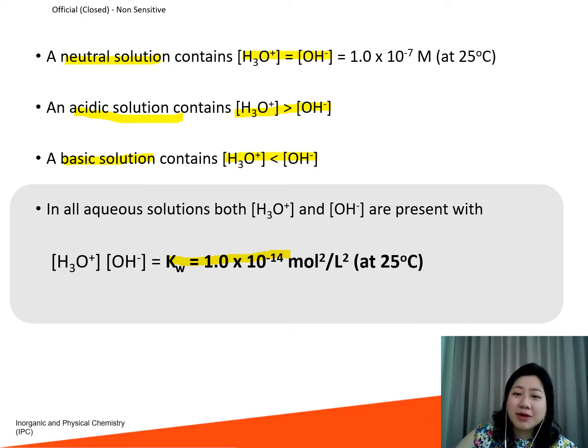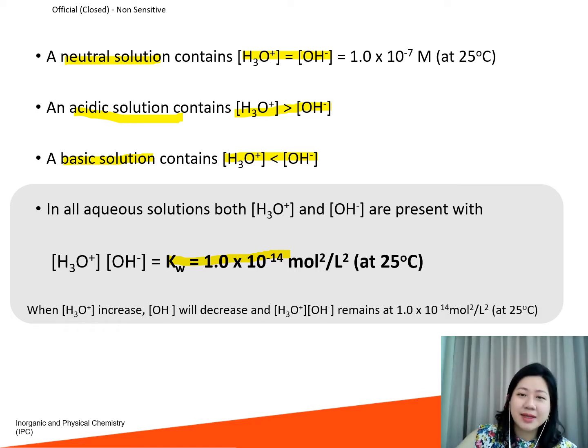But wait, maybe you're thinking, in an acidic solution, the H3O+ concentration would be higher. How can Kw remain the same? Actually, when H3O+ concentration increases, the OH- concentration would decrease correspondingly, and the product of H3O+ times OH- would remain the same at 1 times 10 to the power of negative 14.